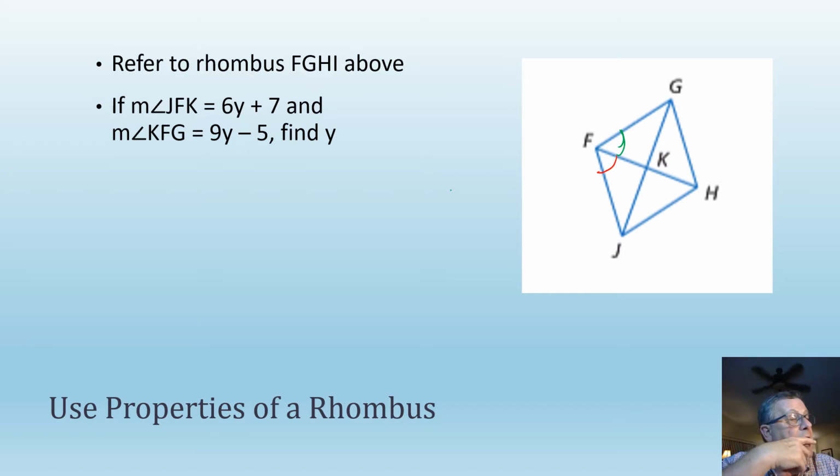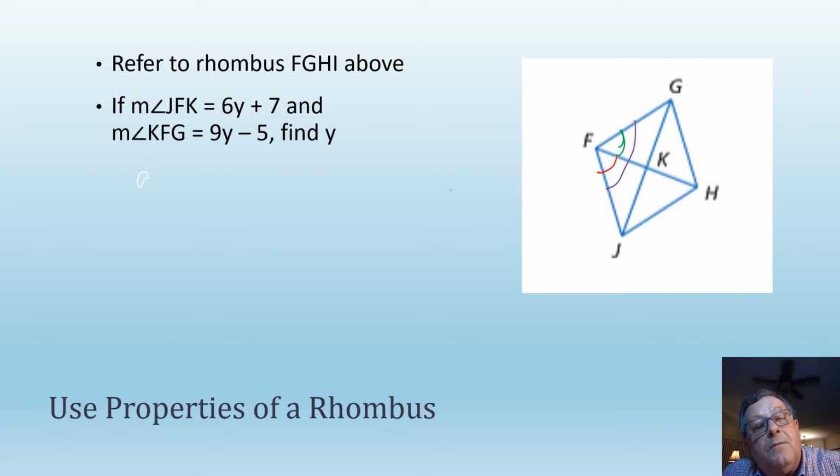Let's think about this. Another property of a rhombus is that angles such as this, what we see right here, they are going to be congruent. So these angles, in this case, what we're looking at, they're going to be congruent, so I can set them equal to each other.